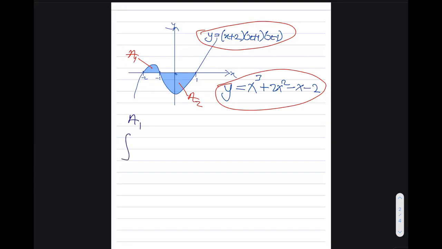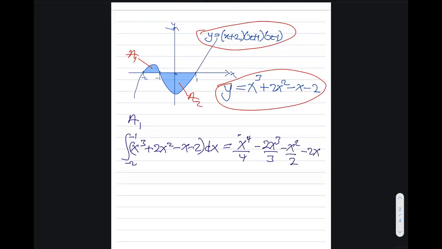We are going to integrate from -2 to -1 of the curve x cubed plus 2x squared minus x minus 2 dx. So the integration will be x to the 4 over 4, then 2x cubed over 3, then x squared over 2, then 2x, and we are moving from -2 to -1.